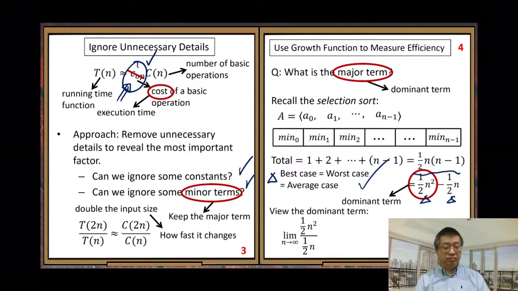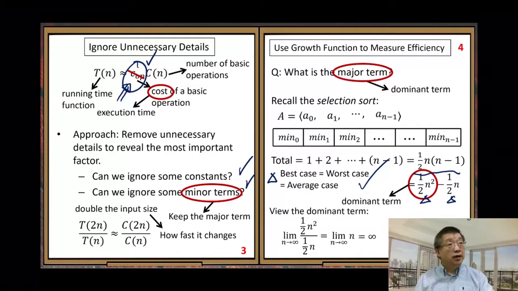After simplification, the ratio becomes n, and when n goes to infinity, this ratio goes to infinity. Can we say the first term dominates the second term? Yes, we can, because the ratio goes to infinity. So that's the reason it dominates the second term.